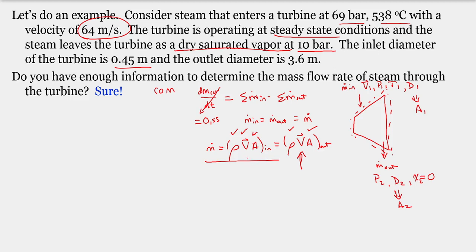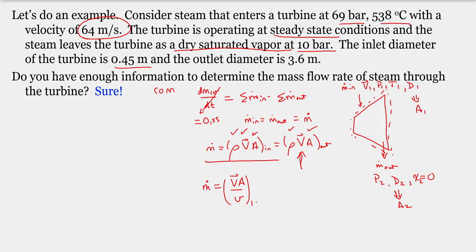Again, I have velocity, I have area because I have diameter. I need the density or specific volume. So remember, we can always write this as the inverse of the specific volume, all at state 1. In the tables, they typically will list the specific volume instead of the density. So just be, again, very fluent and capable of moving from one space to the other.